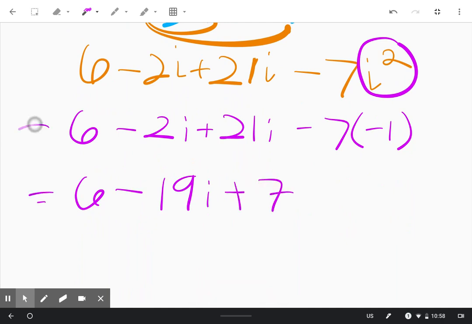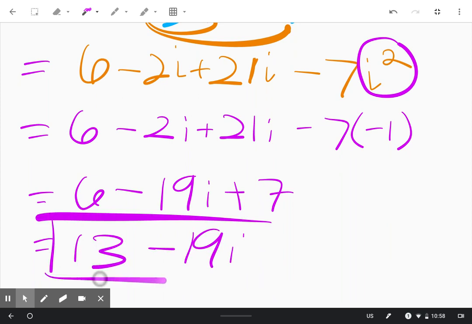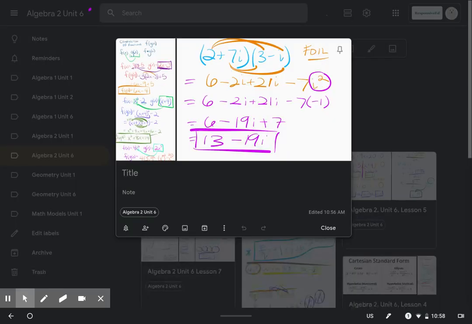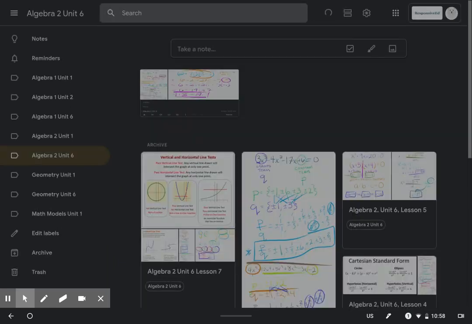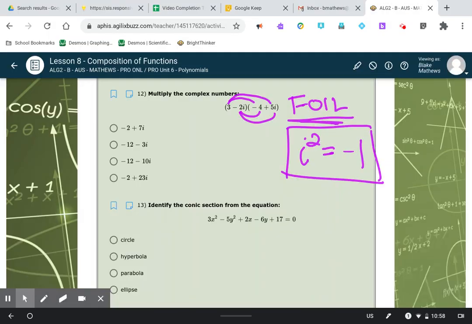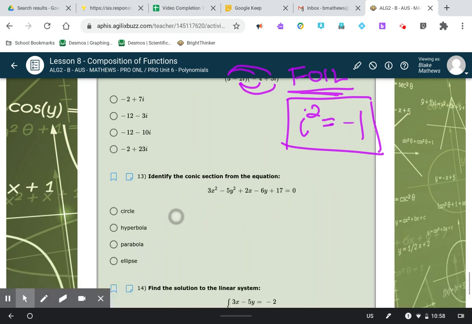So then my last should be 6 plus 7. So the 19i is going to stay. 6 plus 7 is 13. So I should have 13 plus 19i. So I'll put a little guide in the notes, and I'll leave that there for you. But that's what you're doing in number 12.